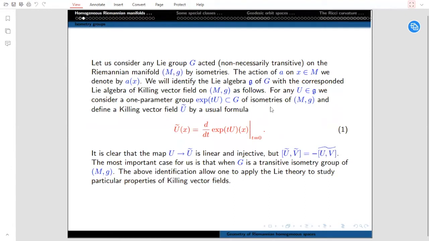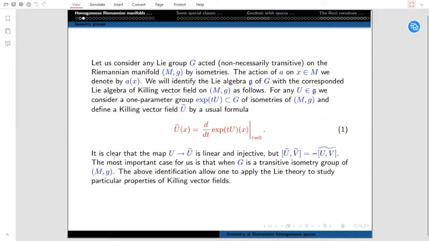The action of A on X, we denote by A of X. We identify the Lie algebra G of G capital with the corresponding Lie algebra of Killing vector fields as follows. For any element U of the Lie algebra, we consider one-parameter groups of isometries, exponent of tU, and define a Killing vector field U tilde by the usual formula, the derivative at the point t equals 0.